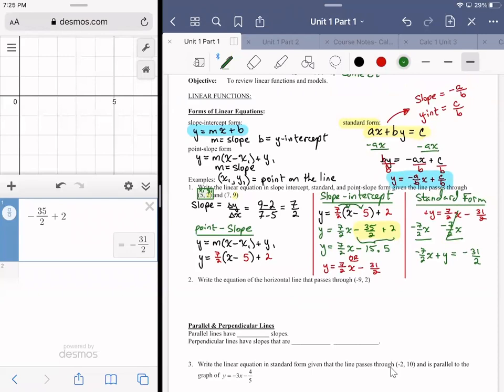That's perfectly fine. But a good way of verifying that you did it correctly is by taking the quote unquote A value. The A value and the B value, the understood coefficient in front of y is a 1. That would be the B value. The slope should be equal to negative A over B.